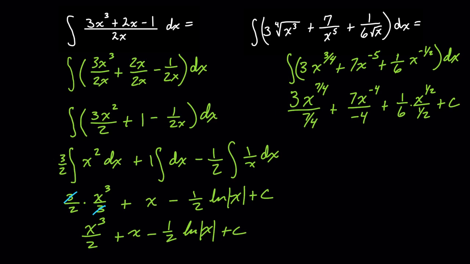So if you multiply 3 by 4/7, that's going to give you 12/7 plus a negative here, so it's just going to change to minus, and this will be 7 over 4x to the 4th, and plus, now down here, 6 times 1/2 is going to give you a 3 for your denominator, so you're going to get x to the 1/2 over 3 plus c.